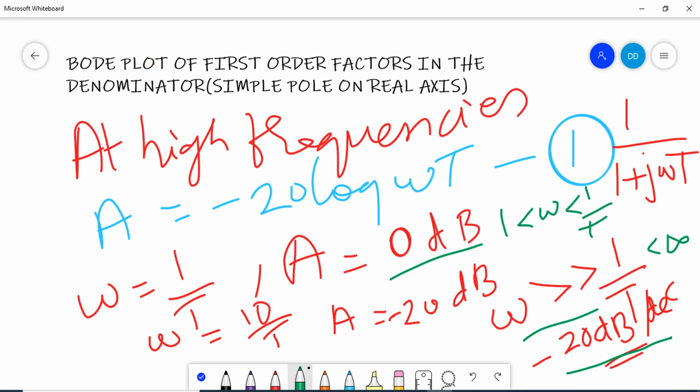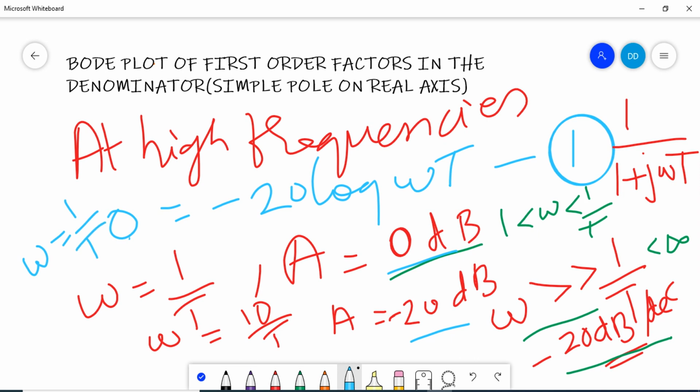The point of intersection of these two lines can be obtained by equating equation 1 to 0. If we make A equal to 0, we will get the point of intersection of this 0 dB line and the minus 20 dB line. So if we equate equation 1 to 0, what we get is omega equal to 1 by T.